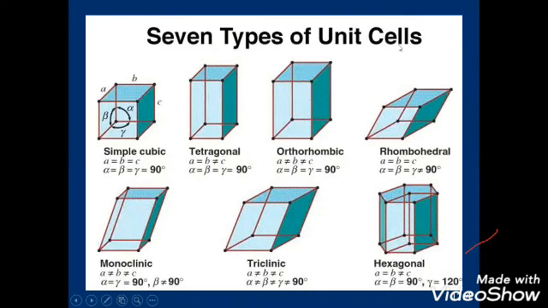So whatever may be the crystalline compound, the unit cell may be one of these 7 types. So these 7 unit cells are called the 7 crystal systems.